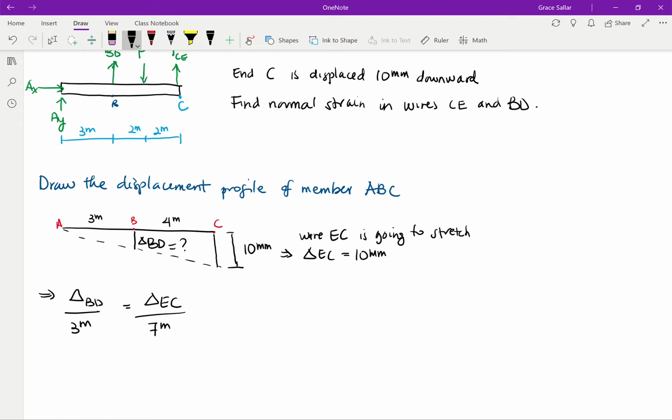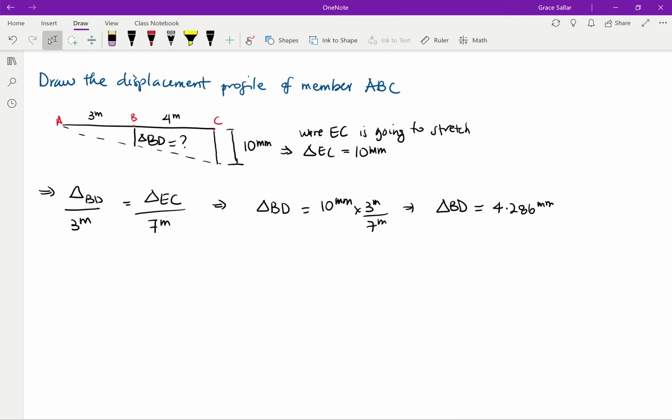So the entire 10 millimeters is over the entire 7 meters, but delta BD is only over 3 meters, which means that our delta BD, which we don't know, is equal to 10 millimeters times 3 meters over 7 meters. So our delta BD is equal to 4.286 millimeters.